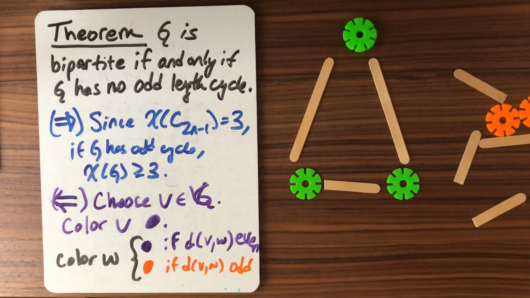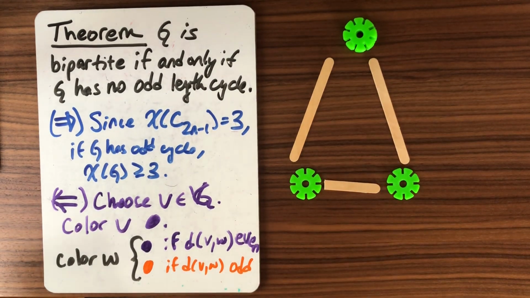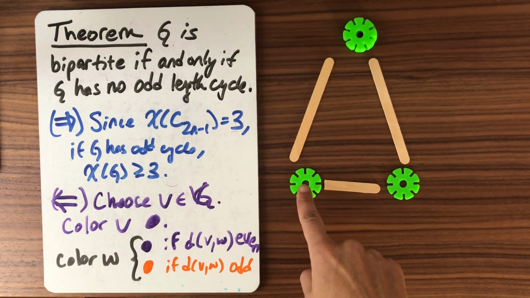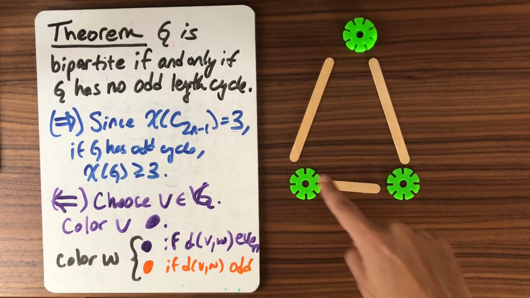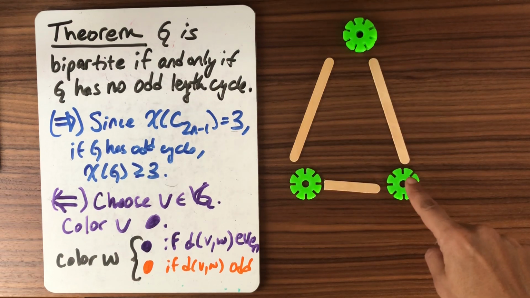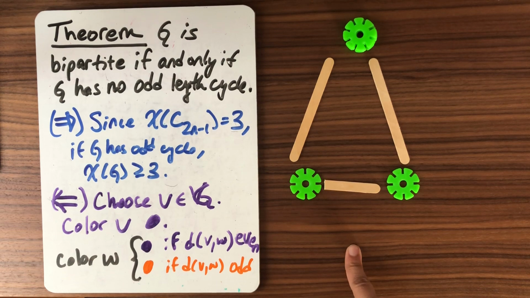Okay, how do I know that that doesn't happen? Well, here, this is going to have to be an even length path. And here, this is going to have to be an even length path. So we got even plus even, that's an even number, plus 1. That's an odd number. This would constitute an odd cycle, which we don't have in our graph.